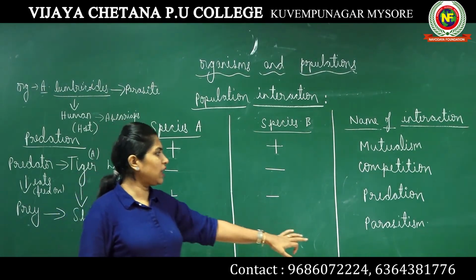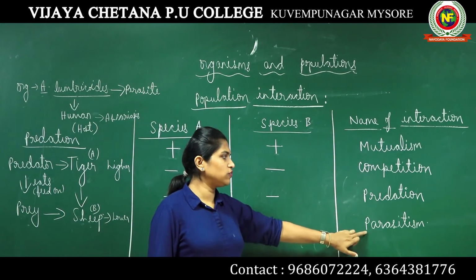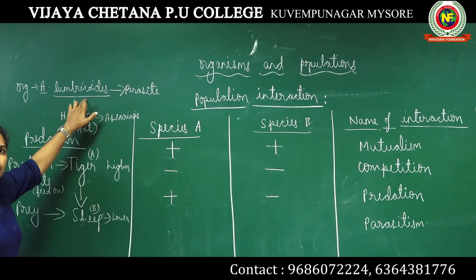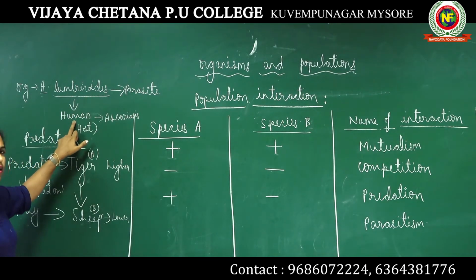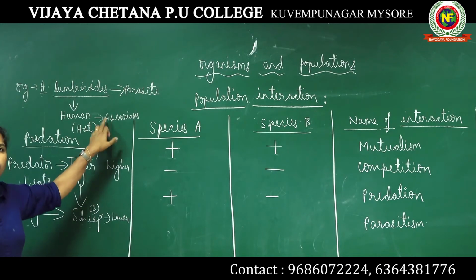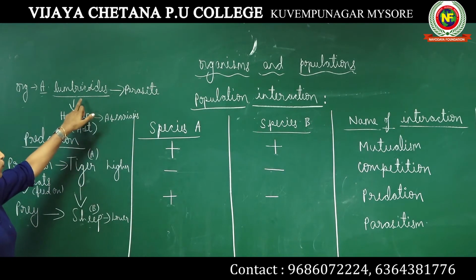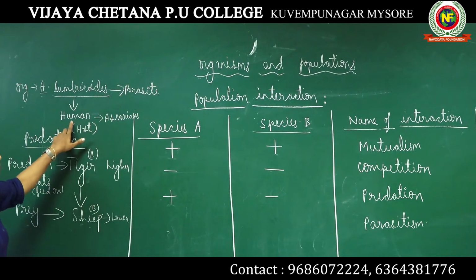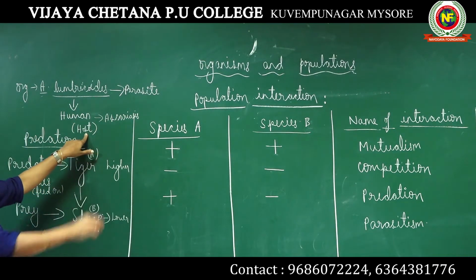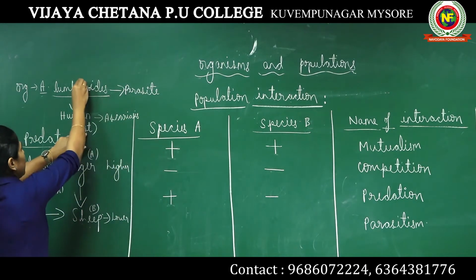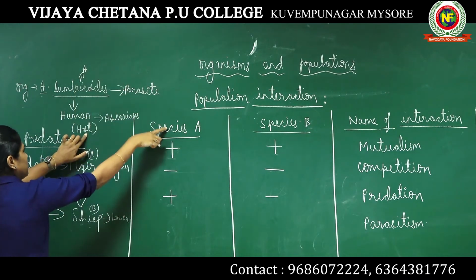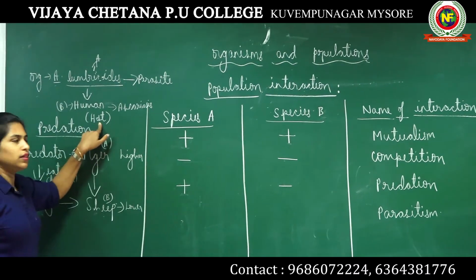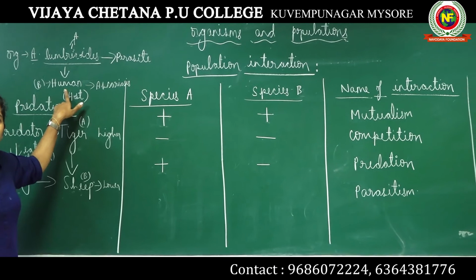Okay, so this type of interaction is known as parasitism. Here Ascaris lumbricoides is infecting a human being and causing this disease known as ascariasis. So here Ascaris lumbricoides is the parasite. Human beings are the host. If we consider Ascaris lumbricoides as species A and human beings as species B, then who is benefited here?